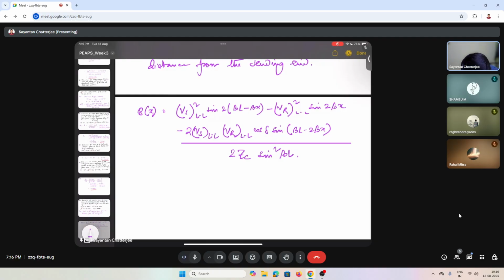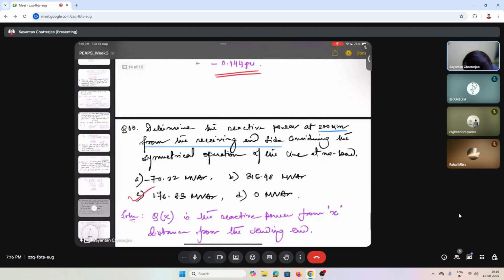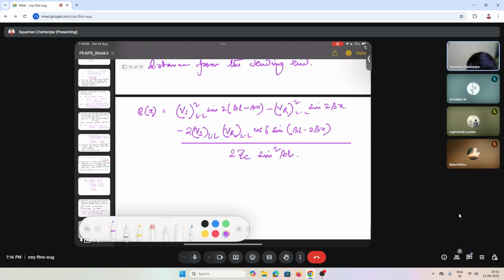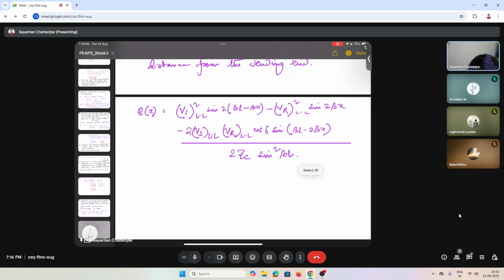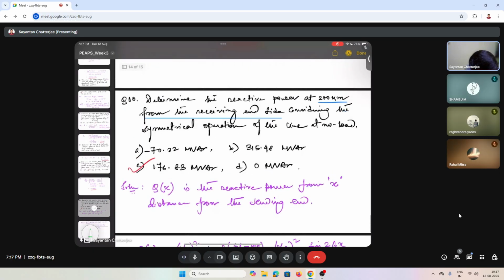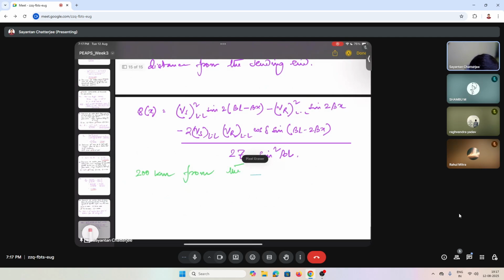So this is from the sending end, right? And in the question we have to find out 200 kilometer from the receiving end. So that means 600 kilometer from the sending end. So 200 kilometer from the receiving end is the same as 600 kilometer.